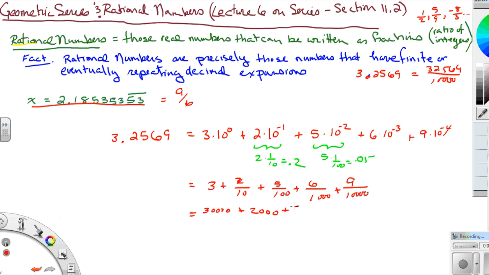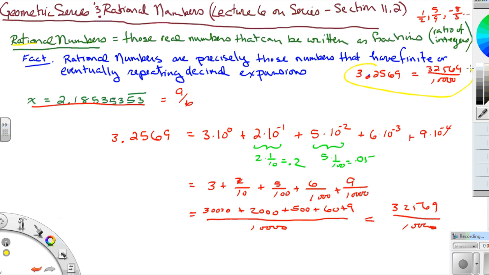I multiply by 100, 500, plus 6 times 10, 60, plus 9 over 10,000, which of course is equal to 32569 over 10,000. Right? Exactly what I had up here.